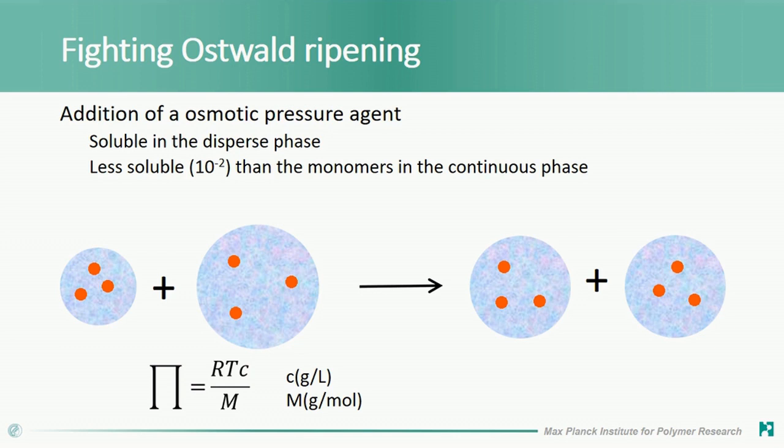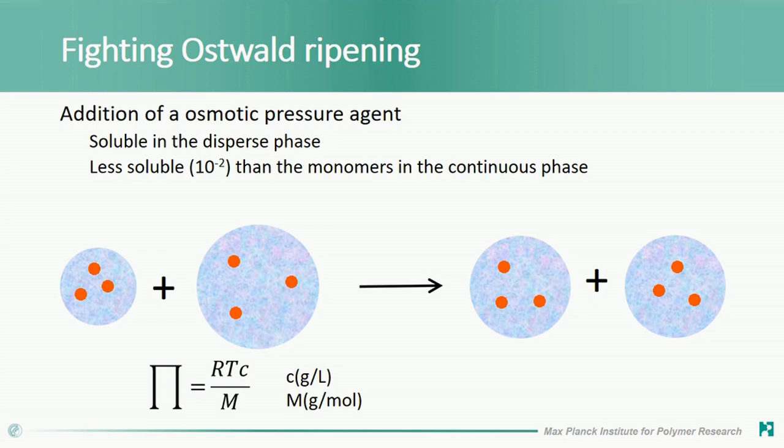So yes, a long molecule, I don't know, Teflon, is really not water soluble, but one molecule of Teflon will create the same effect, as far as the osmotic pressure is concerned, as one smaller molecule. So it could be more interesting to add 2 weight% of an additive to the monomer phase that is of the lowest molecular weight possible. So we will increase as much as possible the osmotic pressure to counteract the effect of the Laplace pressure.